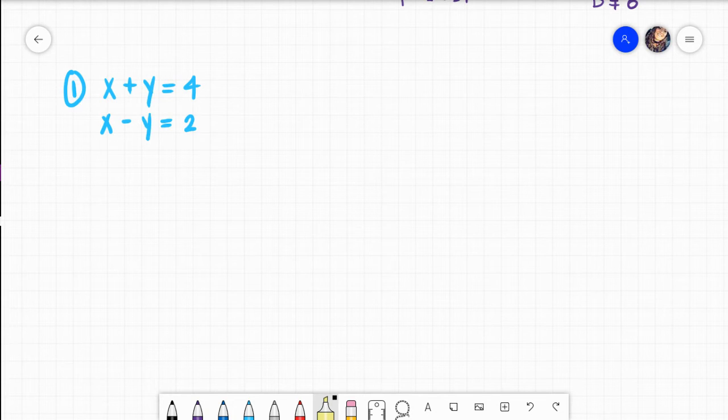If you want, this would be my A column. This would be my B column, right? This would be my C column. Do you agree with me? This would be my first equation on the top, right?